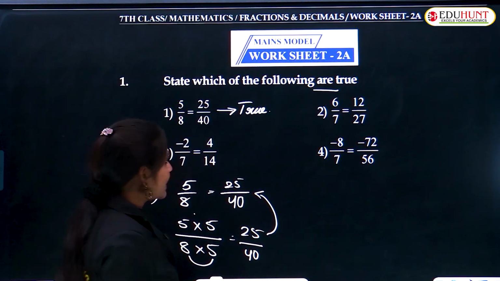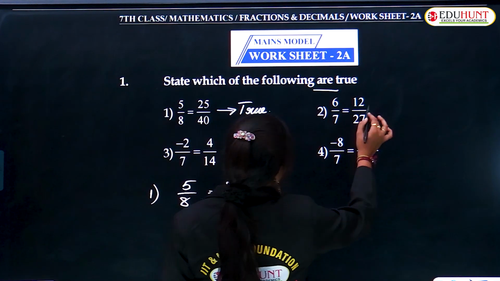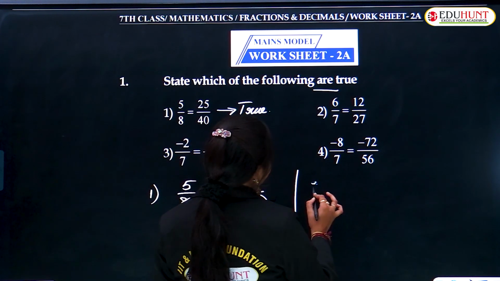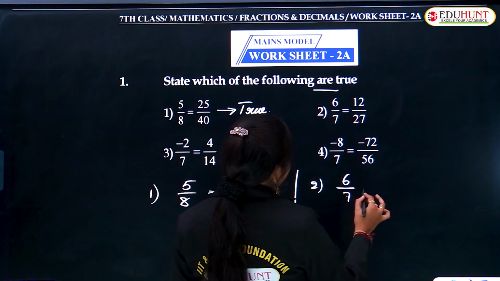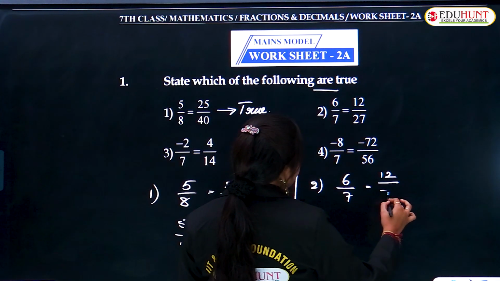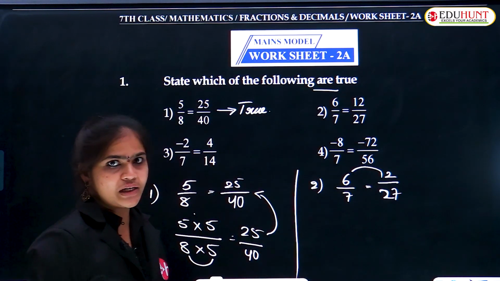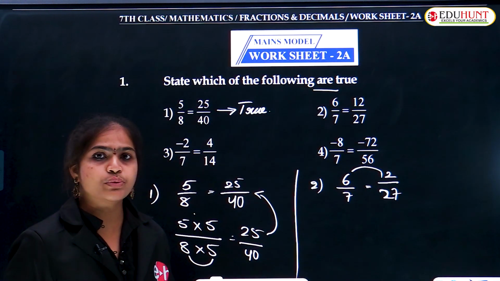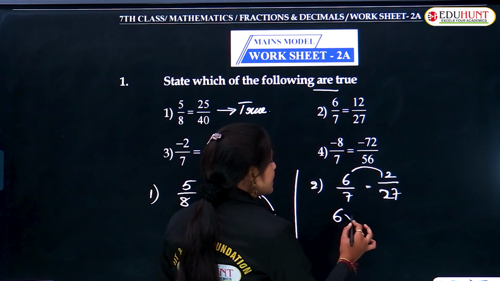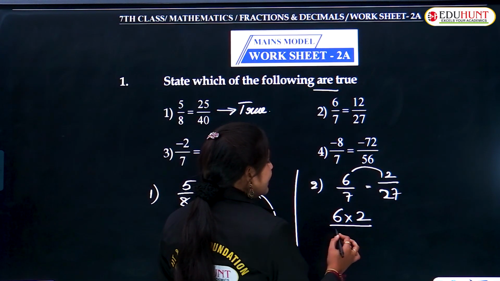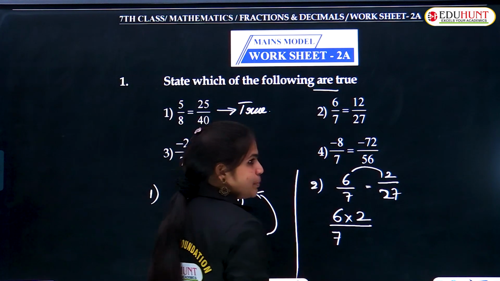Next, the second one: 6 by 7 is equal to 12 by 27. Just observe the relation between 6 and 12. 6 into how much is equal to 12? 6 into 2 is 12.